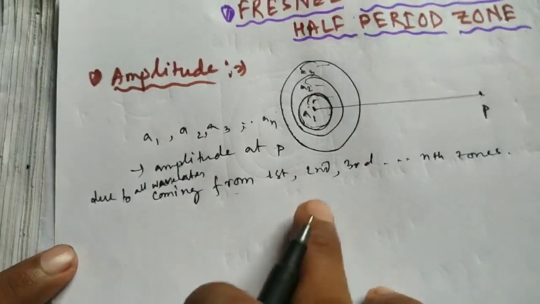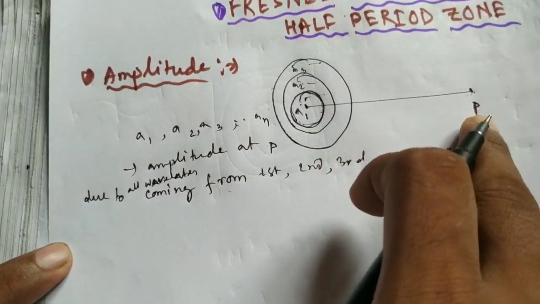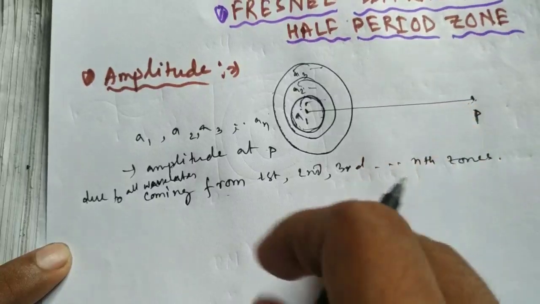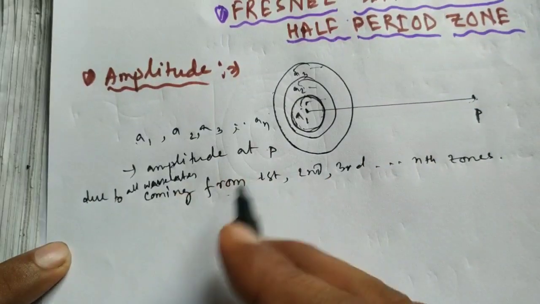So the amplitude or resultant disturbance at P depends on these amplitudes.